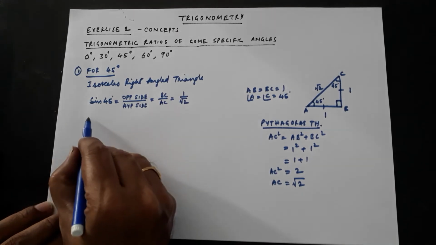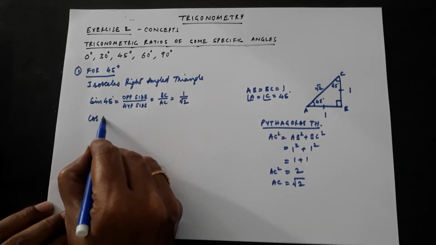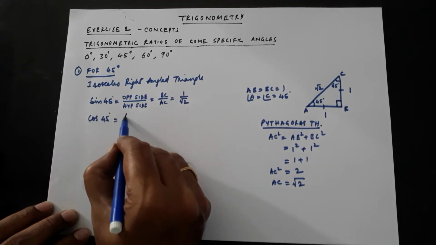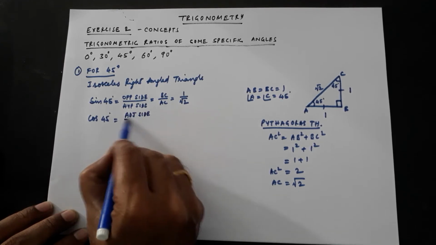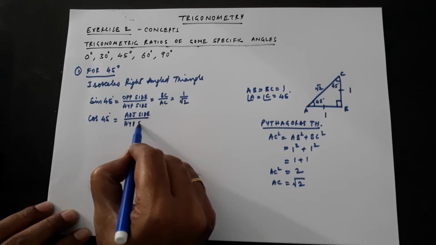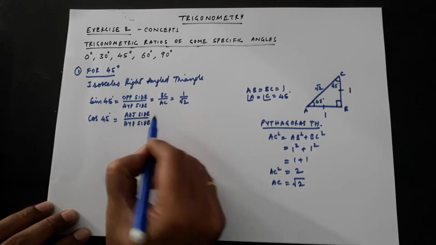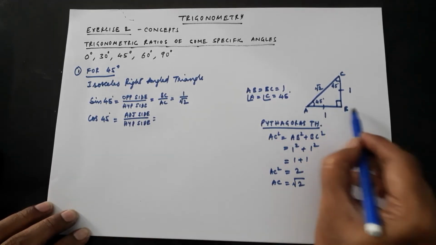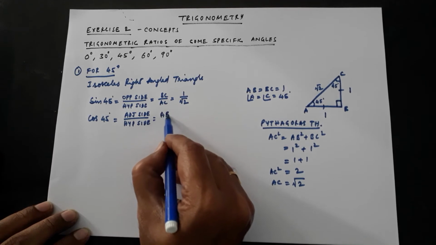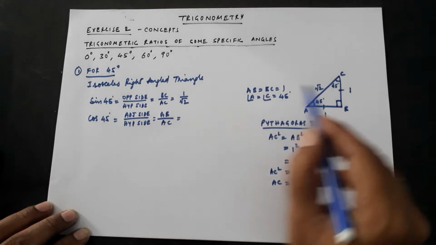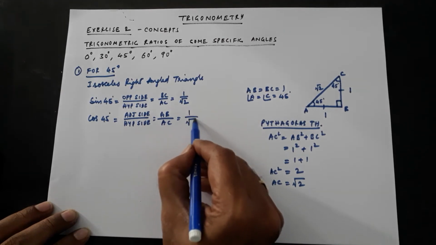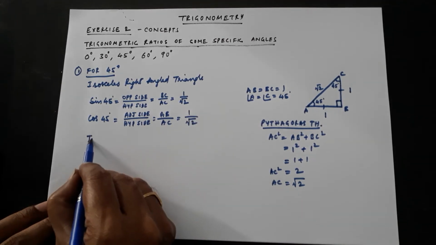Okay, sine 45. Cos 45. Cos 45 is adjacent side by hypotenuse side, which is adjacent side to this is this AB. AB divided by AC, which is 1 divided by root 2 again. What is tan 45?